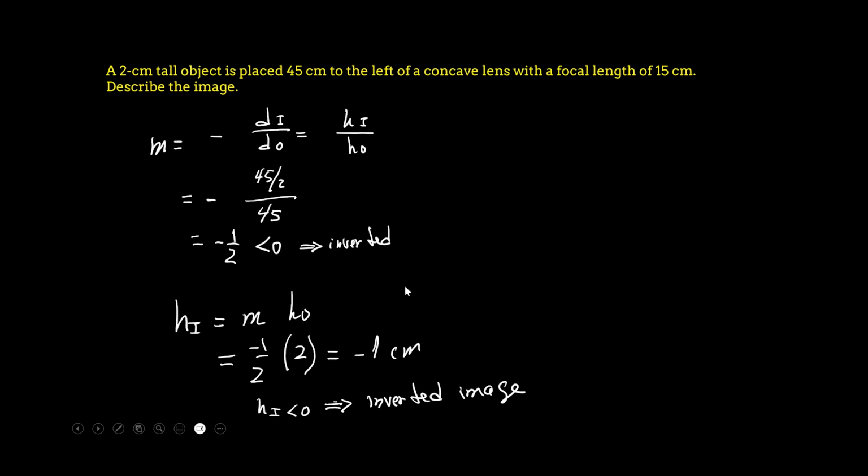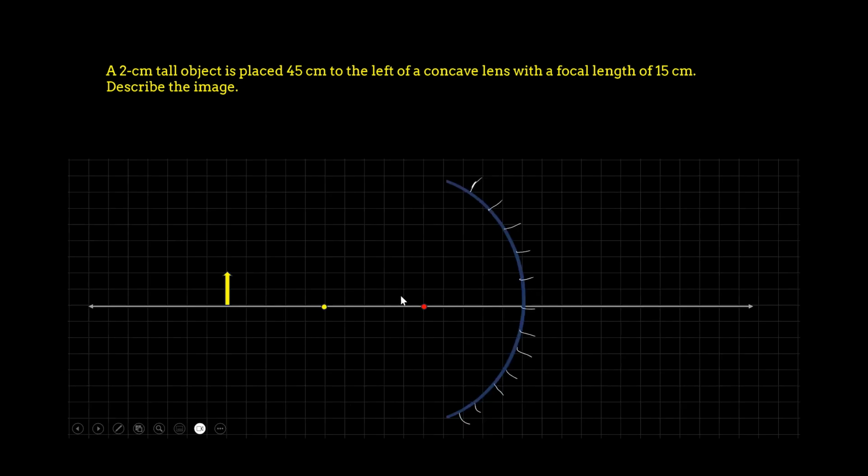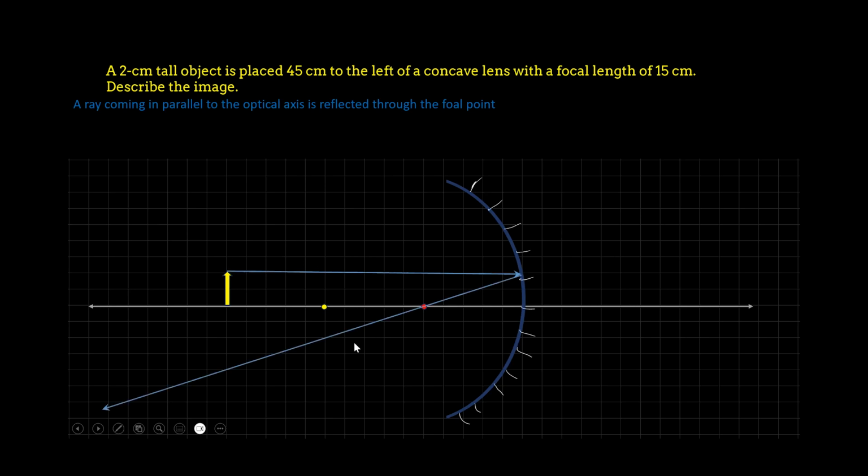Let's see if ray tracing gives us the correct thing. So again, here's 45 centimeters, 15. So 1, 2, 3, 4, 5. So every unit is 3. So let's go ahead and draw again the first ray coming parallel to the optical axis, hits the mirror, reflects through the focal point.